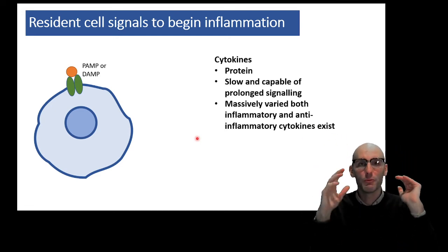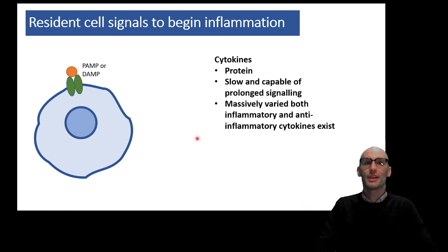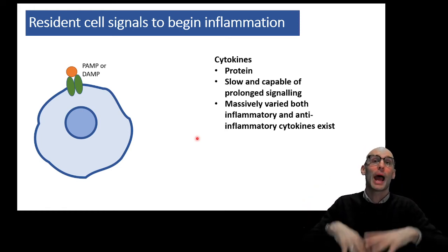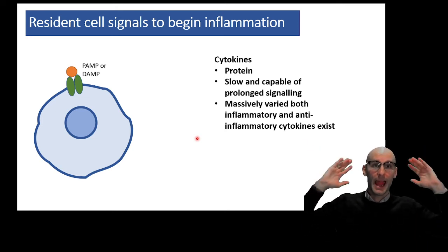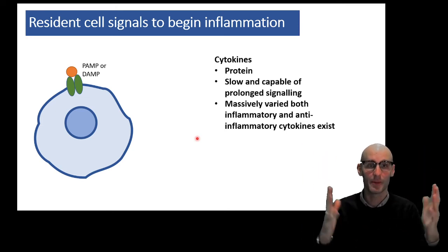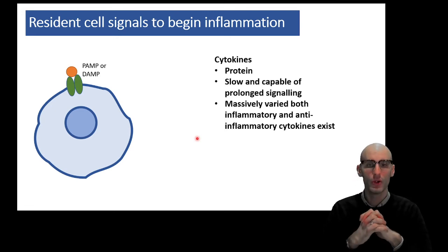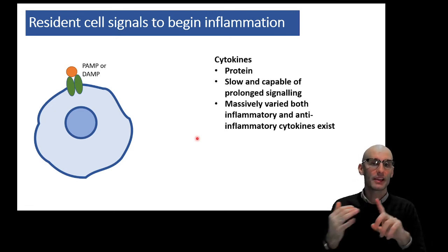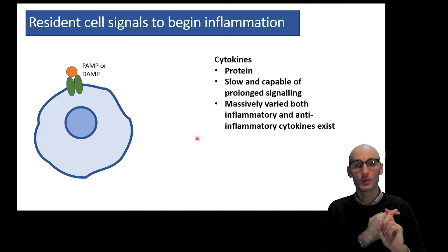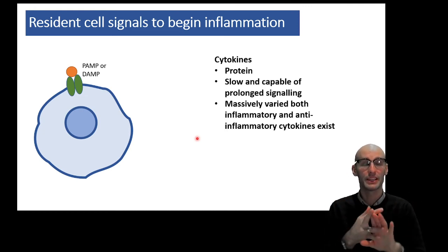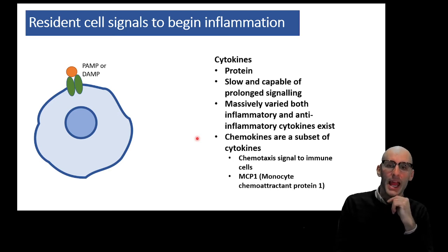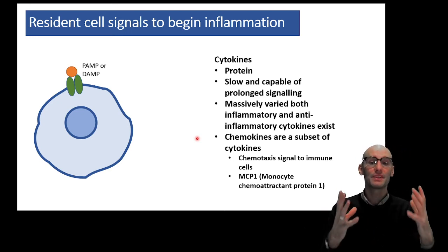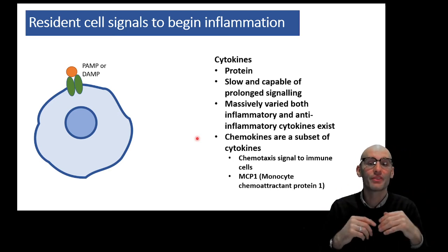So it will be cytokines that tell the immune cells in your bone marrow to come out and go into the bloodstream, because we need to up our immune response, our innate immune response. So cytokines are capable of slow and prolonged signaling as long as we keep producing that cytokine, and long distance signaling as well. And chemokines are a subset of cytokines, and they're involved in chemotaxis.